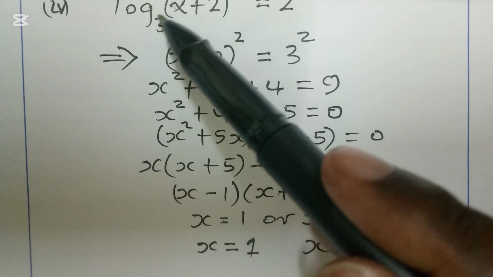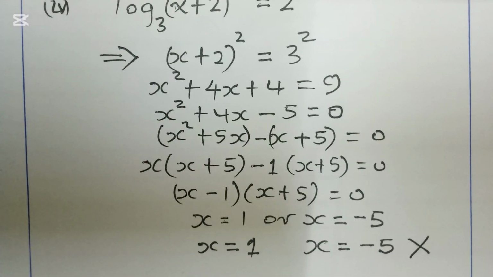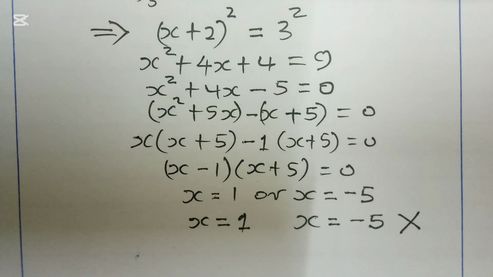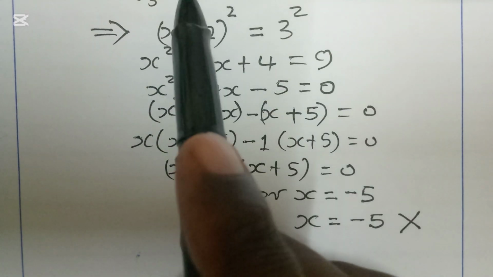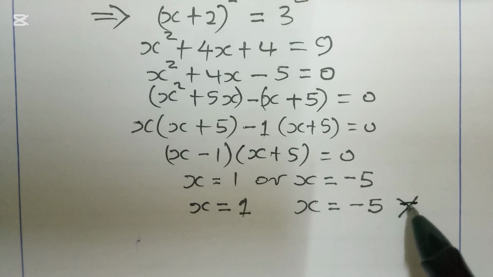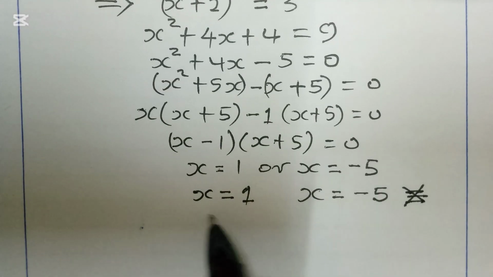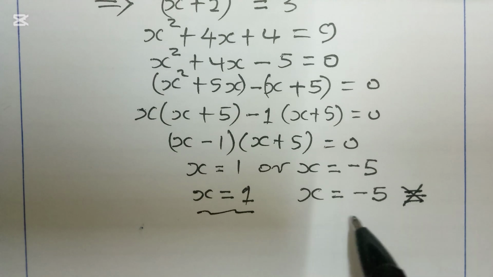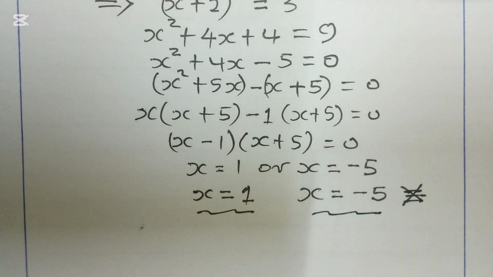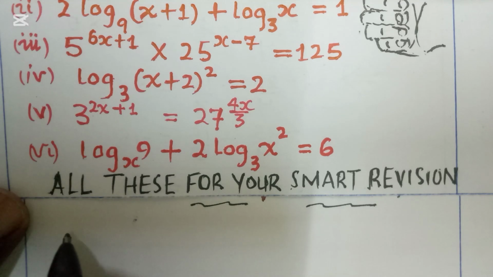The reason is if you put negative 5, we have log of a negative number. Okay, sorry guys, if it's squared, it will be a positive. So we can do away with that and say that our solutions are x equals 1, x equals negative 5. Let's go now to question number 5.